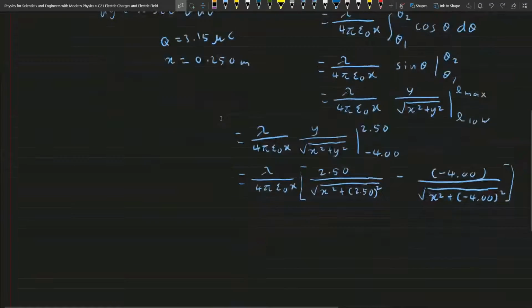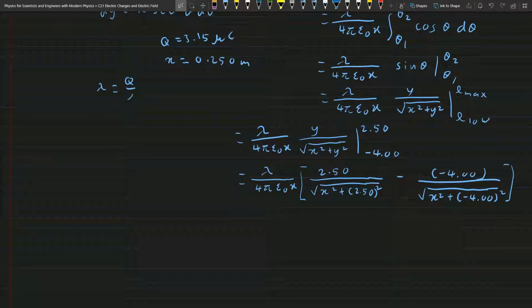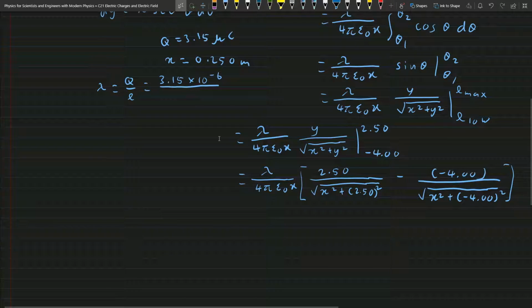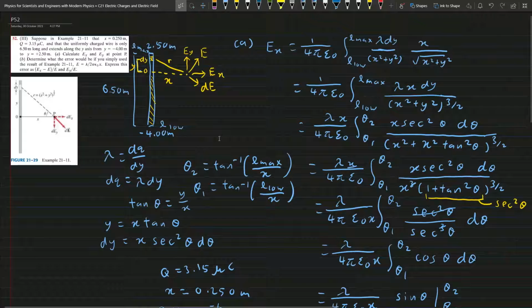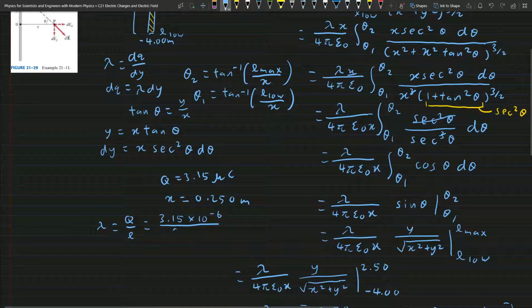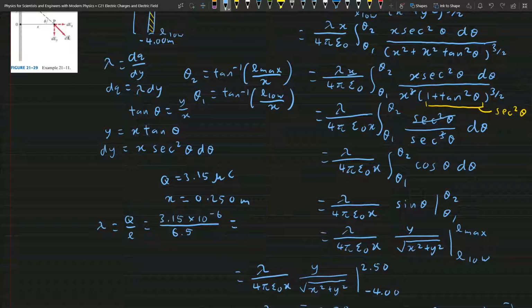So first thing we solve for this lambda, Q over the whole length L. Now 3.15 times 10 to the minus 6, and the length is 6.5.